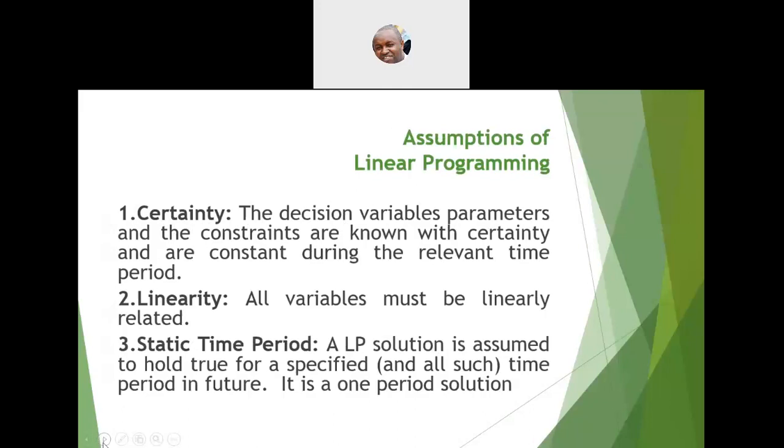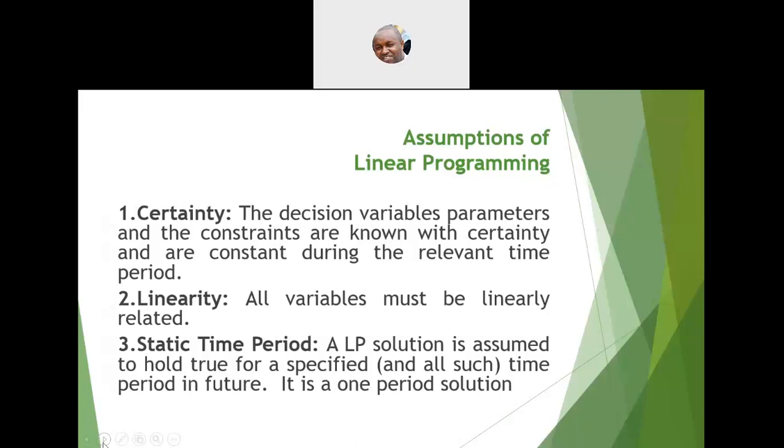Now, we have got certain assumptions when we are dealing with linear programming. The first one is that our variables, the objective and the constraints, must be known with certainty and should remain constant over a duration of time.